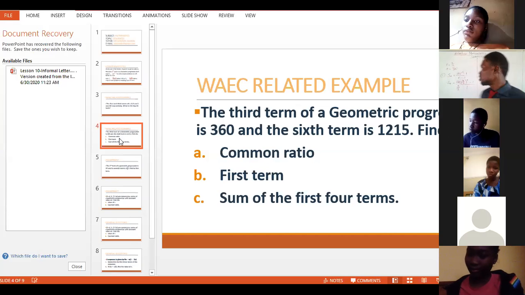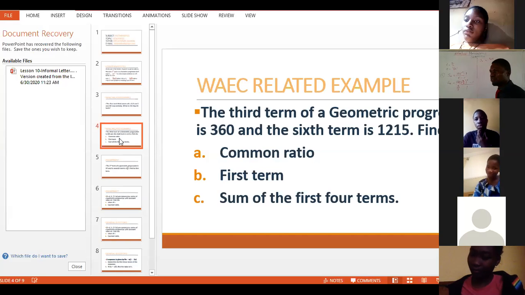How do you simplify something like this? You simply simplify them separately. You have Sn is equal to 160, 3 raised to the power 4, and then 2 raised to the power 4. 3 raised to the power 4, of course, is 3 times 3 times 3 times 3. 3 times 3 gives you 9. 9 times 9 gives you 81.